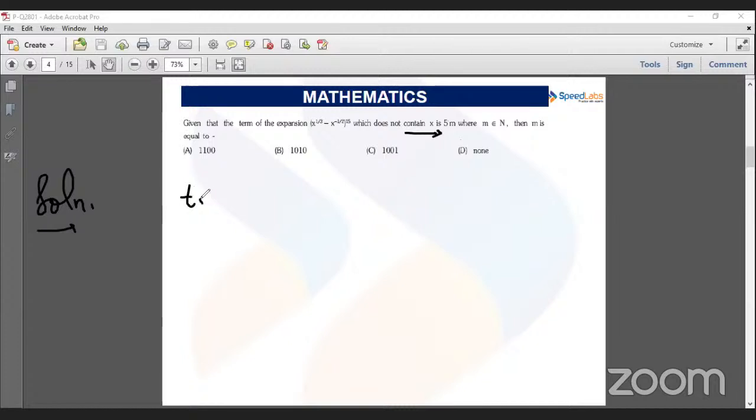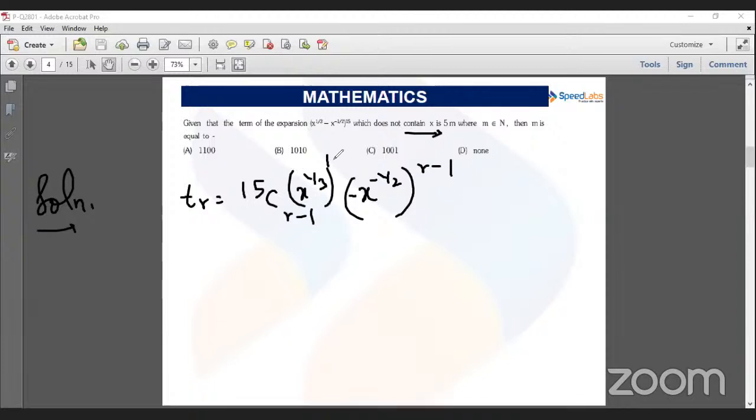So what will the general term be? 15C(r-1) times (-x^(-1/2))^(r-1) and x^(1/3) to the power (16-r).